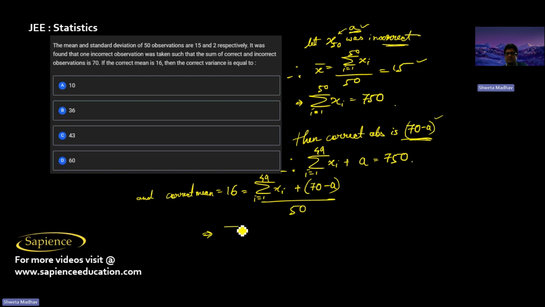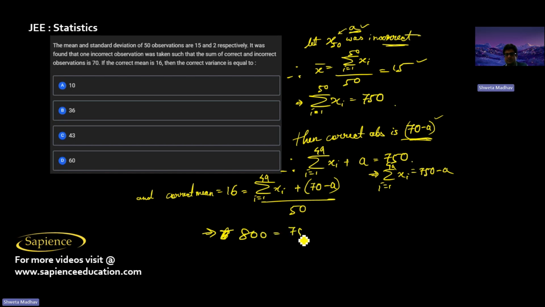Therefore, summation xi, i goes from 1 to 49, is equal to 750 minus A. So 16 times 50 is 800.